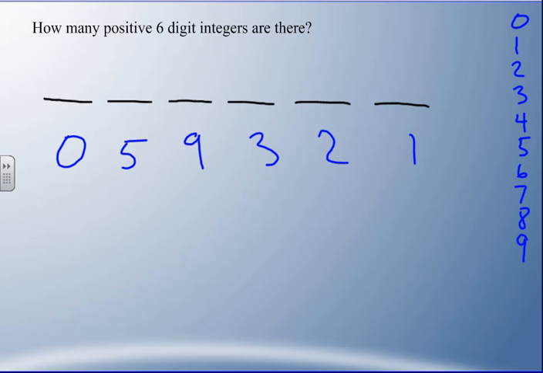It doesn't even count. I can essentially cross that out because it's not there. So I can't use 0 for my first digit. That leaves me 1, 2, 3, 4, 5, 6, 7, 8, 9, so I have a total possible of 9 numbers I can put in that first digit.